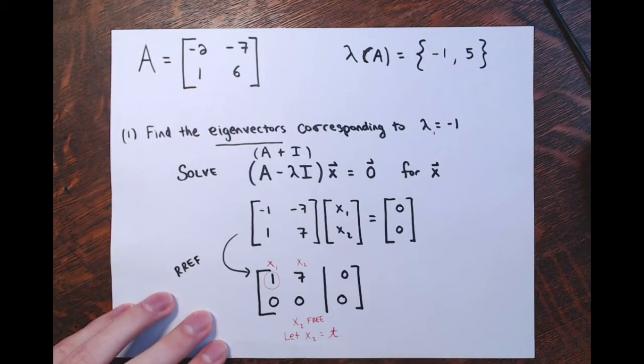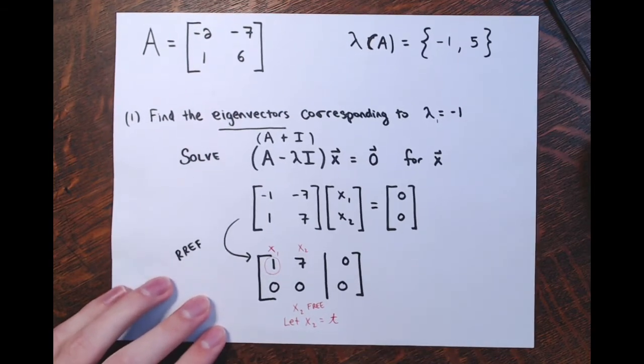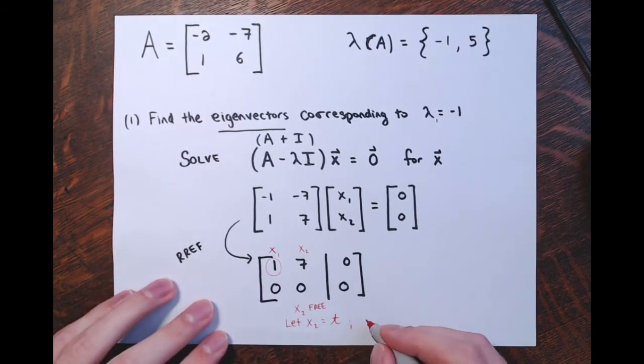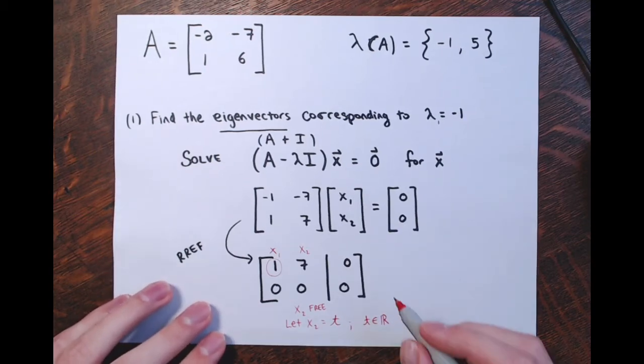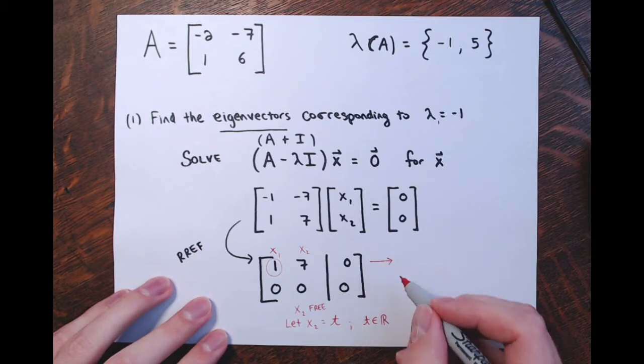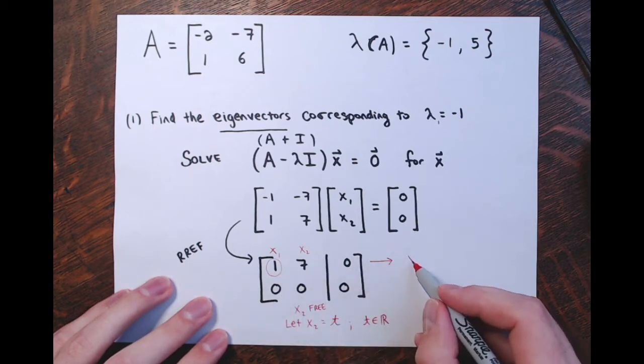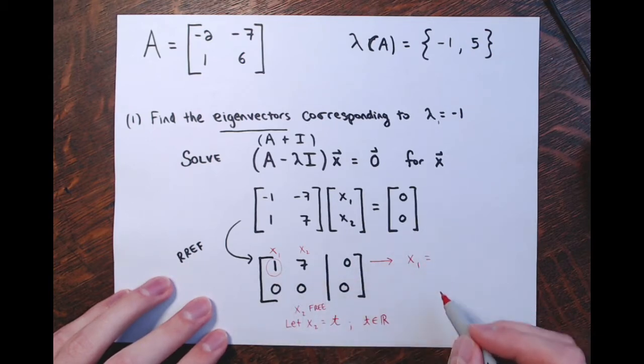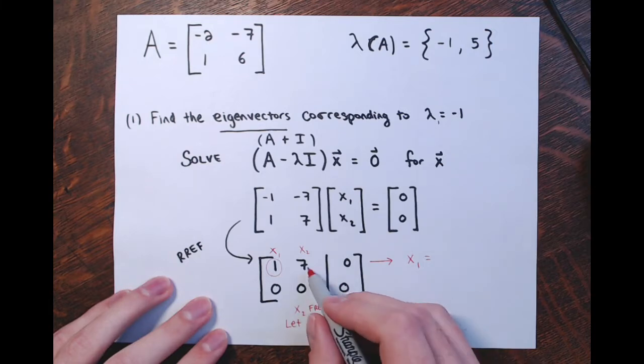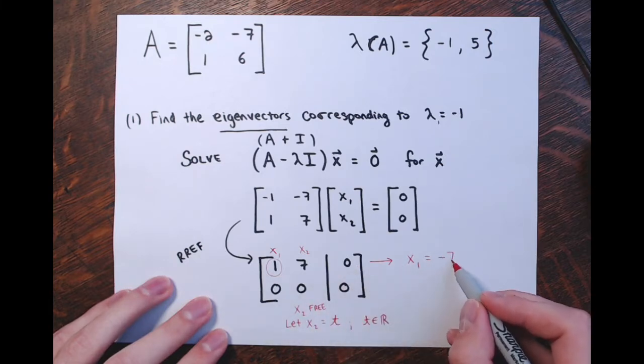So I'm going to have x2 be represented by the letter t, where t is just some real number. And then from this first row, we're seeing that x1 would have to be -7t.